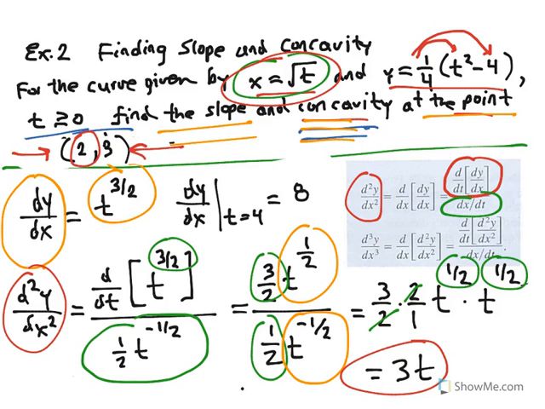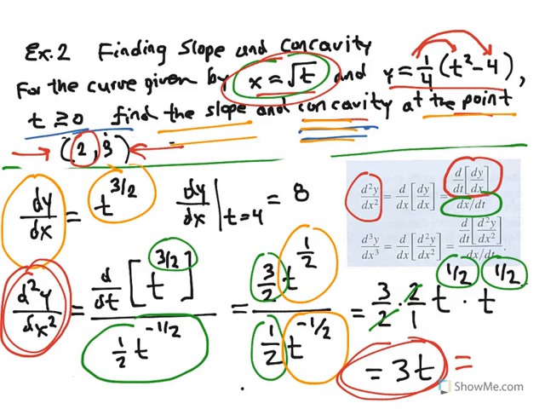So if you want to determine whether the curve is concave upward or concave downward at this point, you will evaluate the second derivative at the corresponding value of t, which is 4.